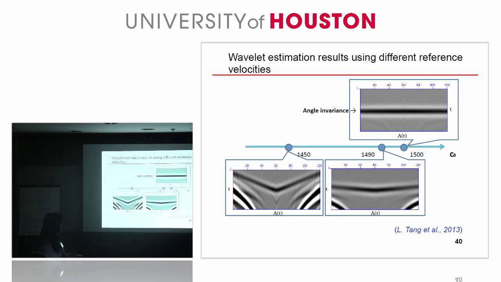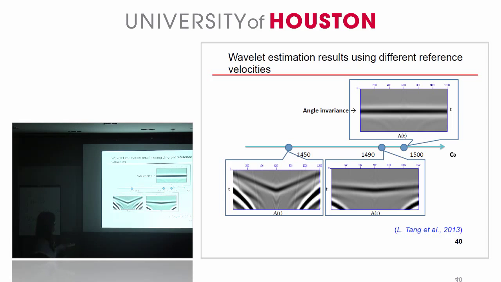Based on Lin's work, we found that if your reference wave has the accurate velocity, here 1500 meters per second, you will have your estimated wavelet invariant along different offsets. Otherwise, if your background velocity is not accurate, the wavelet will have a different shape along different offsets.